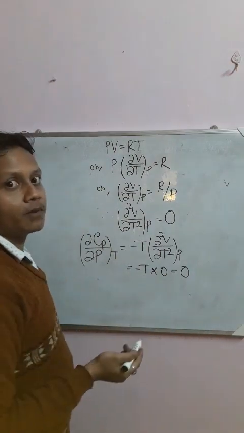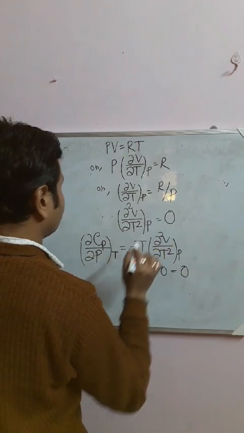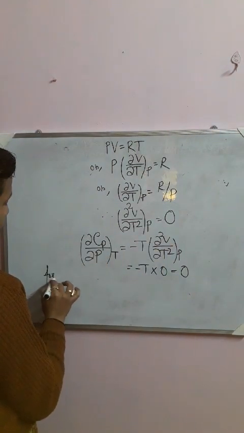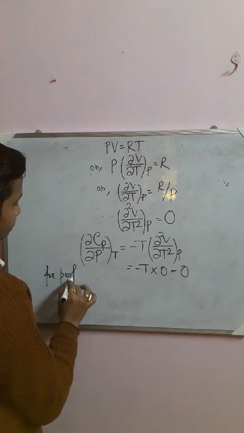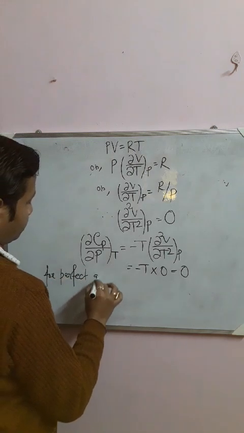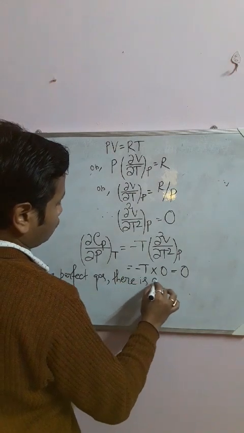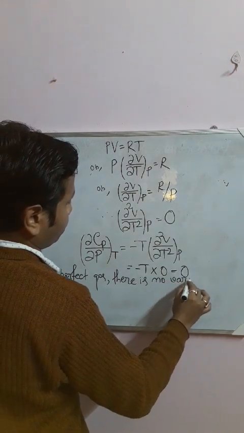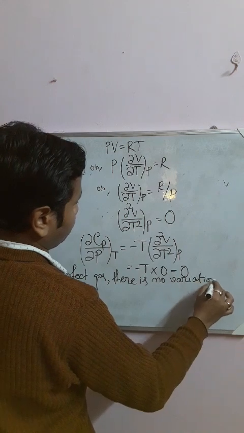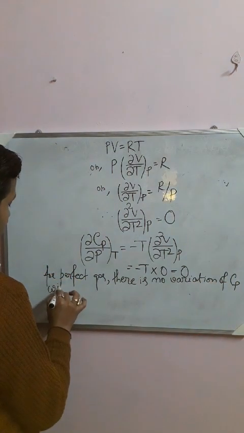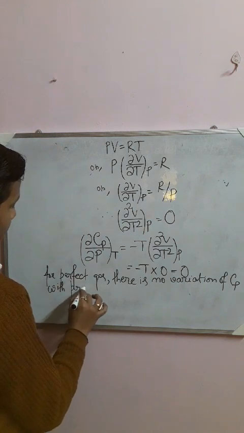Thus we see that for a perfect gas the variation of Cp with pressure is 0. So for a perfect gas, there is no variation of Cp with pressure.